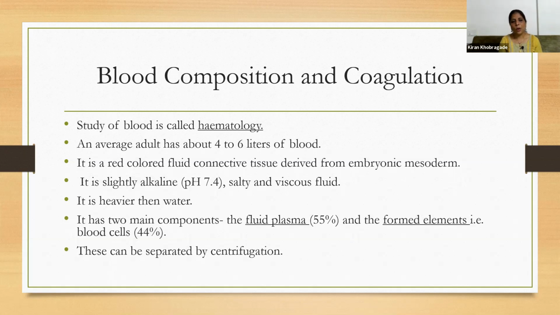So what do they do for a test called total blood count or RBC count? They take a certain amount of your blood and then they centrifuge it. Centrifuge means a centrifugal force is applied to the blood so that all the cells which are heavier will settle down, whereas the plasma will form the supernatant layer.